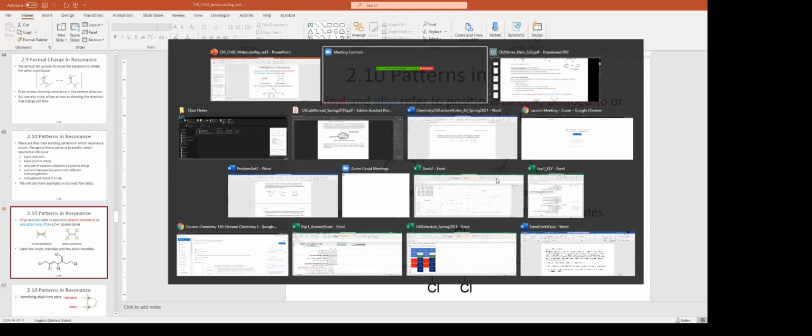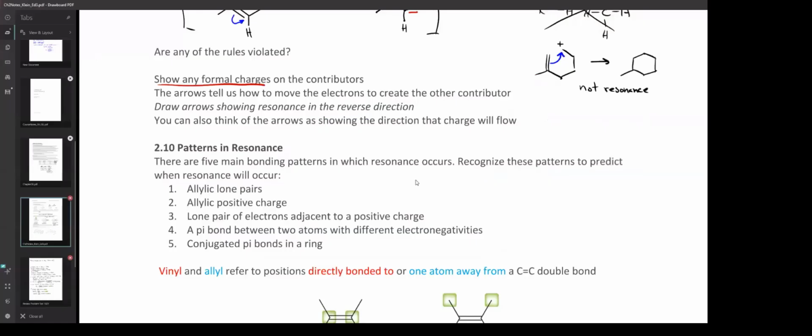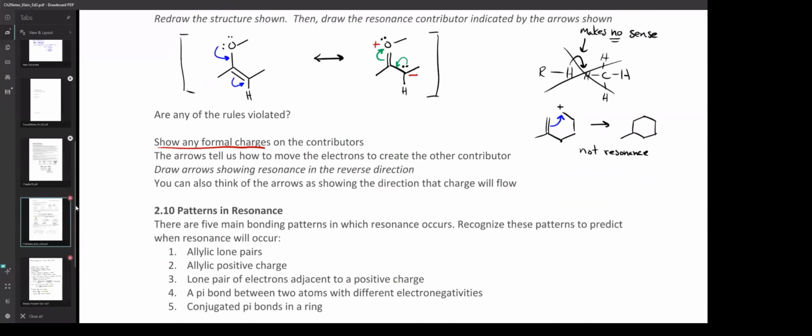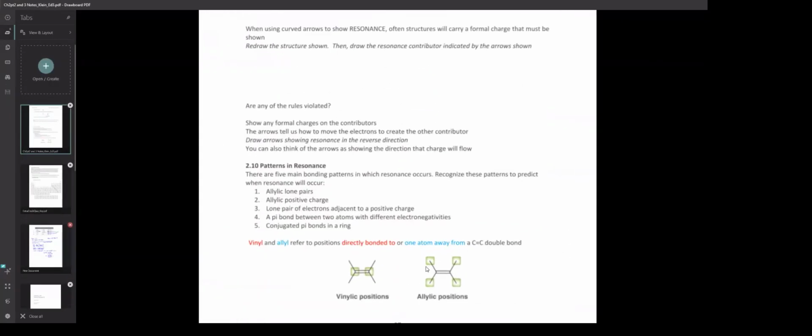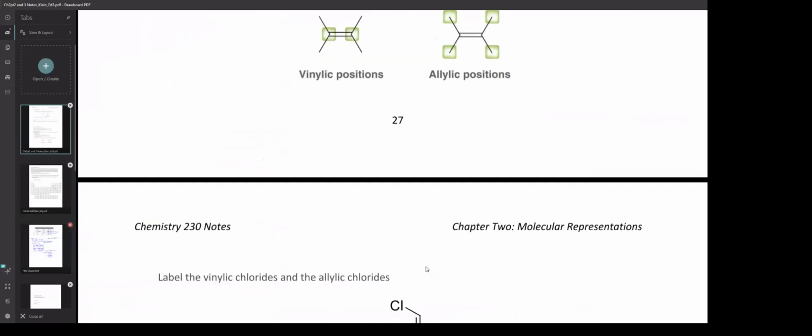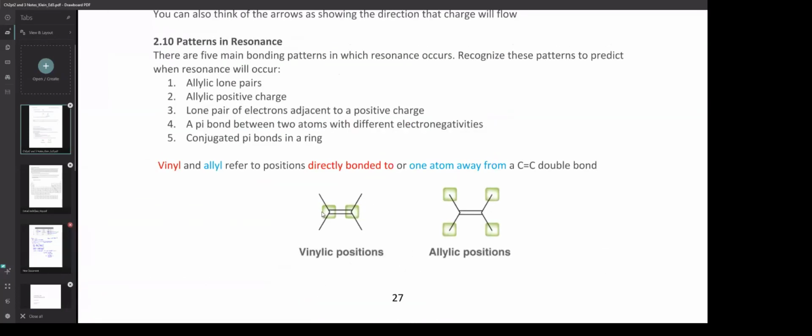So if we were to take a look here at some examples. I think this might be confusing because the things that are actually vinyl are not the highlighted groups, but what's bonded to the highlighted groups. So anything that's here, here, here, or here is vinylic.